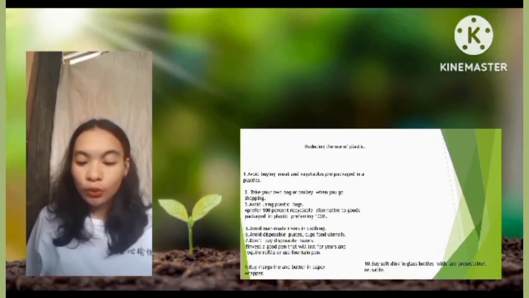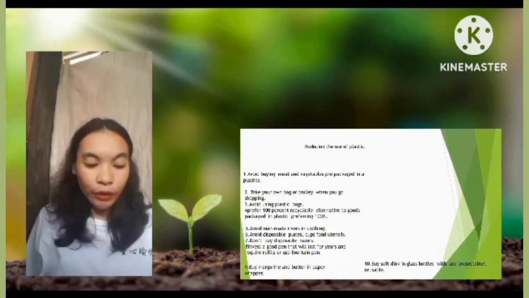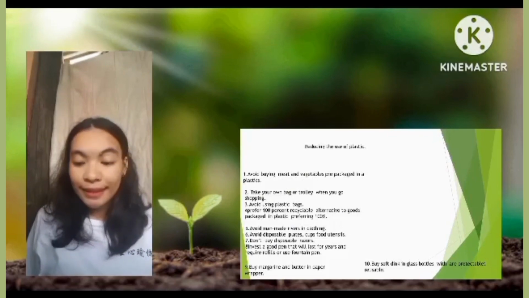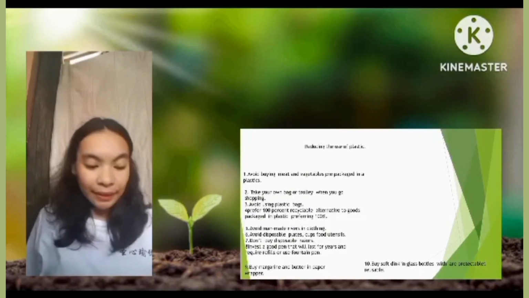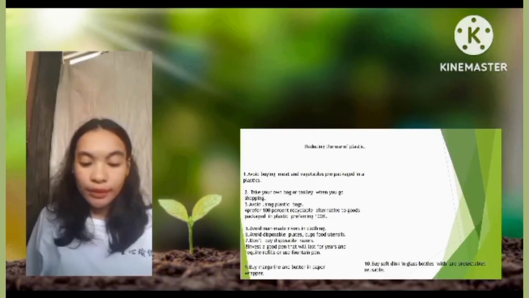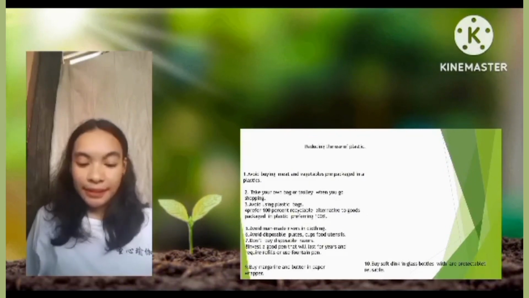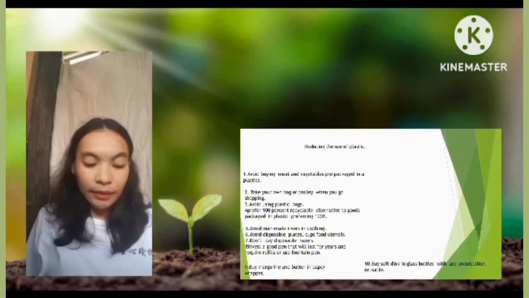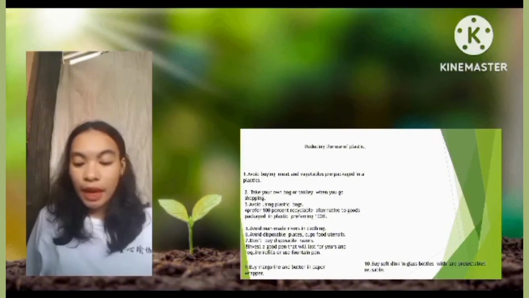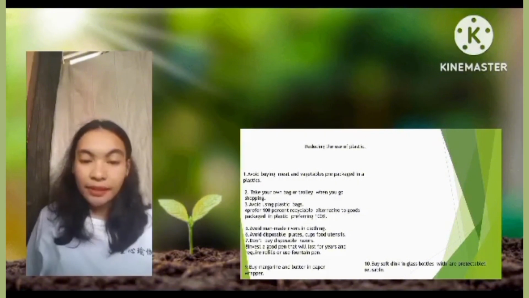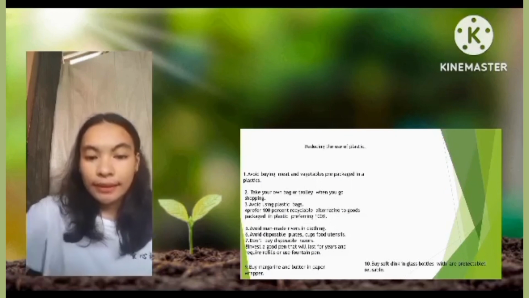By using your own reusable bag or trolley, you help minimize the demand for single-use plastic and contribute to a more sustainable shopping experience. This small habit can collectively make a significant positive impact on the environment by reducing plastic consumption and waste.